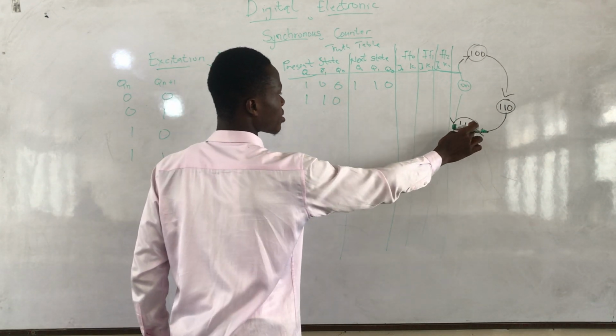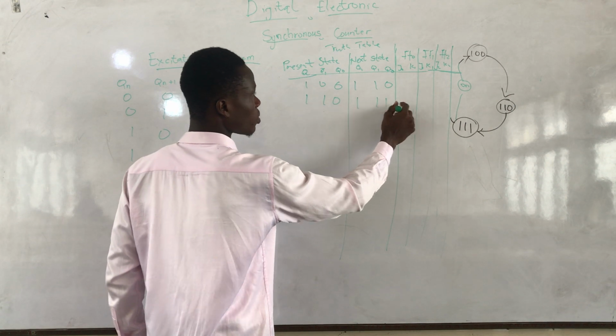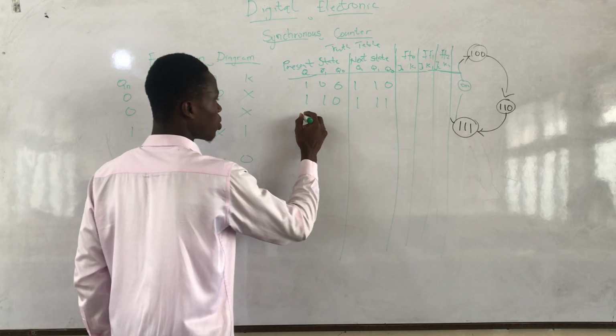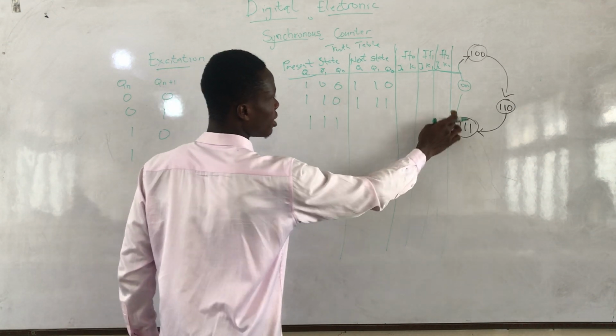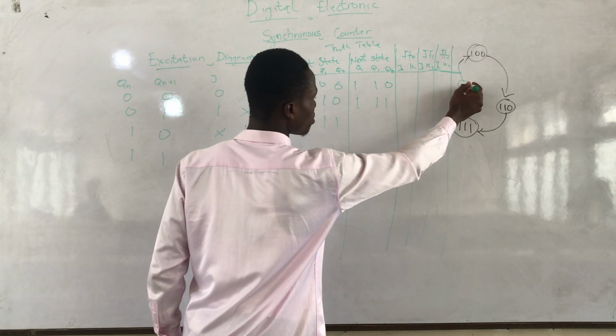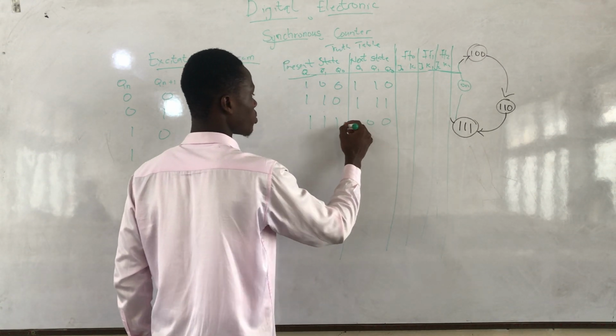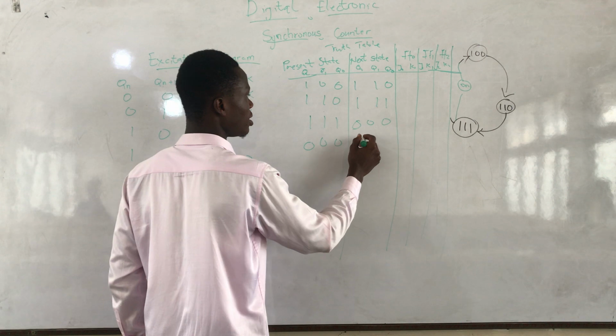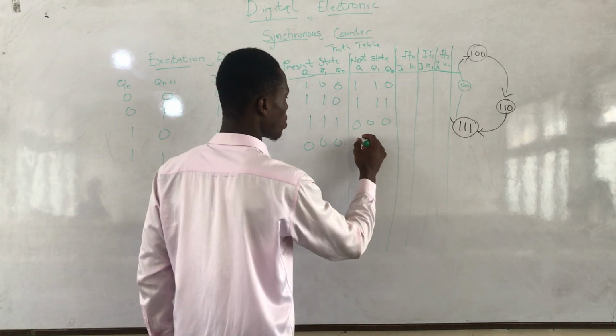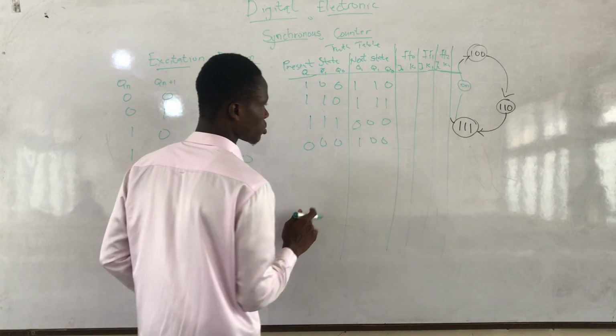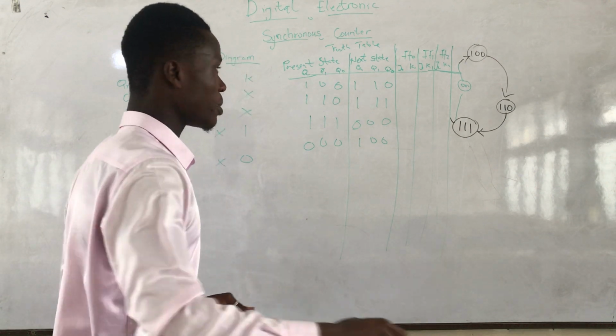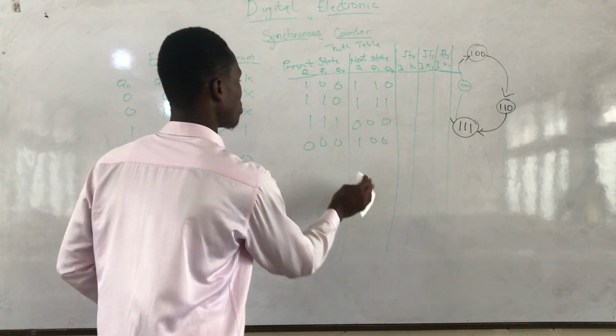Our next stage is 1, 1, 1. Our 1, 1, 1 will be repeated here again. Our next stage is 0, 0, 0. 0, 0, 0 will be repeated here, and our next stage is 1, 0, 0. Okay, so this is basically our truth table.